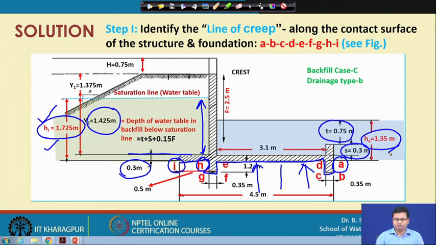The horizontal surfaces are I H, G F, then E D and C B. The horizontal lengths will be taken as 1/3 of that length, so that will be the weighted length for these horizontal lines, as you know from the length creep theory. The vertical or steep lengths are A B, C D, E F and G H, and they will be taken as full. So, by using this concept we can now go for our next calculation.